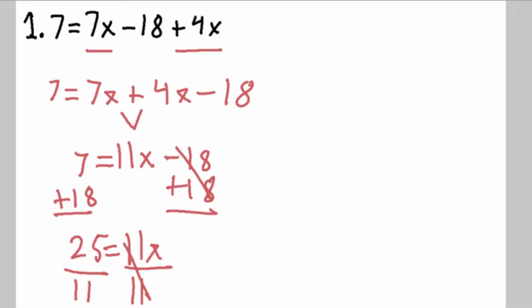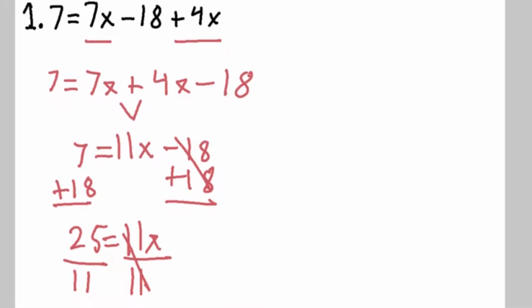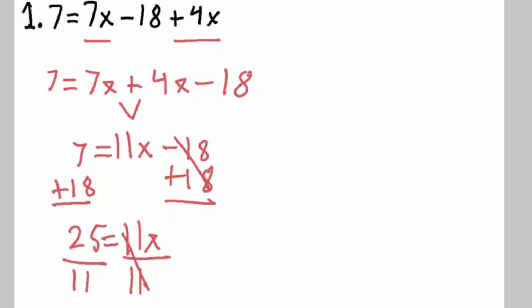And basically that's it. It's pretty simple. It's just like 2-step equations, but with 1 or 2 more steps. So I'm going to clean this up, and then we're going to do problem number 2.